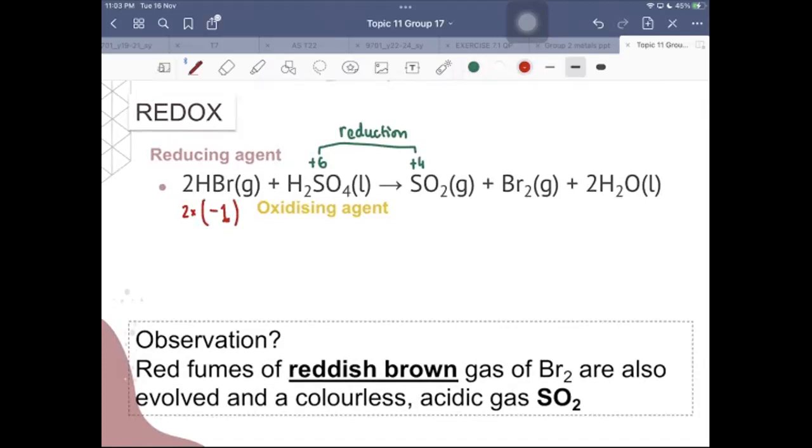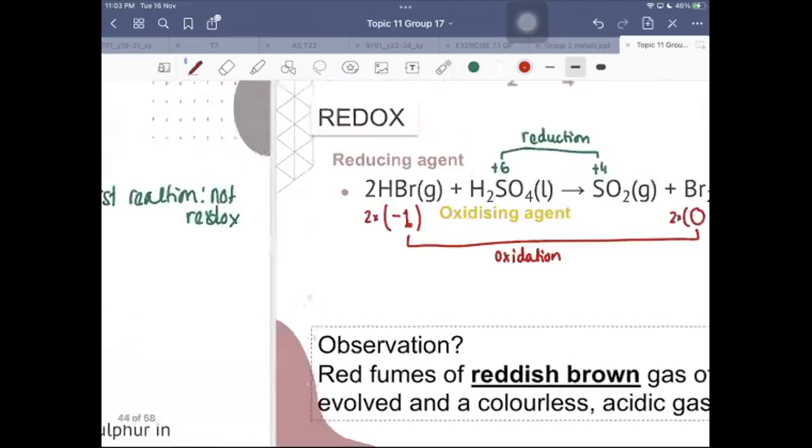And the oxidation number of bromine in Br2 is 0. There are 2 Br, so I go from -1 and -1 to 0. That is an oxidation, because the oxidation number increases. So my observation would be red fumes or reddish brown gas of bromine.